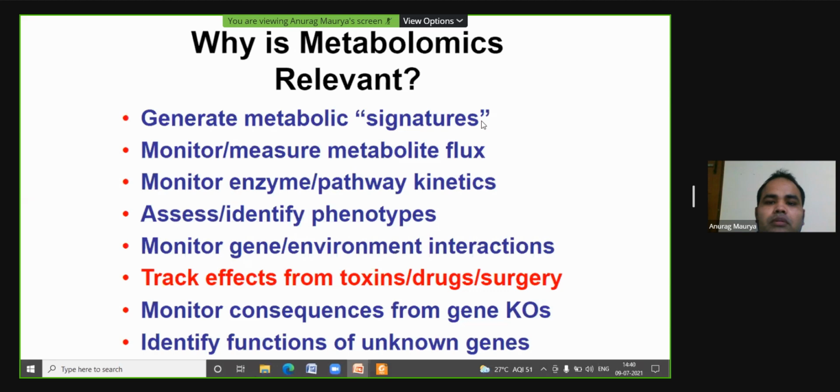What Calvin did, he killed the Chlorella just after giving the radiolabeled carbon dioxide, after maybe 1 minute. Then he performed the experiment again, and next time he killed it after 5 minutes, and next time after maybe 7 or 8 or 10 minutes, and so on. And he tried to find out which molecule is radiolabeled. The first molecule he found radiolabeled was 3-phosphoglycerate.